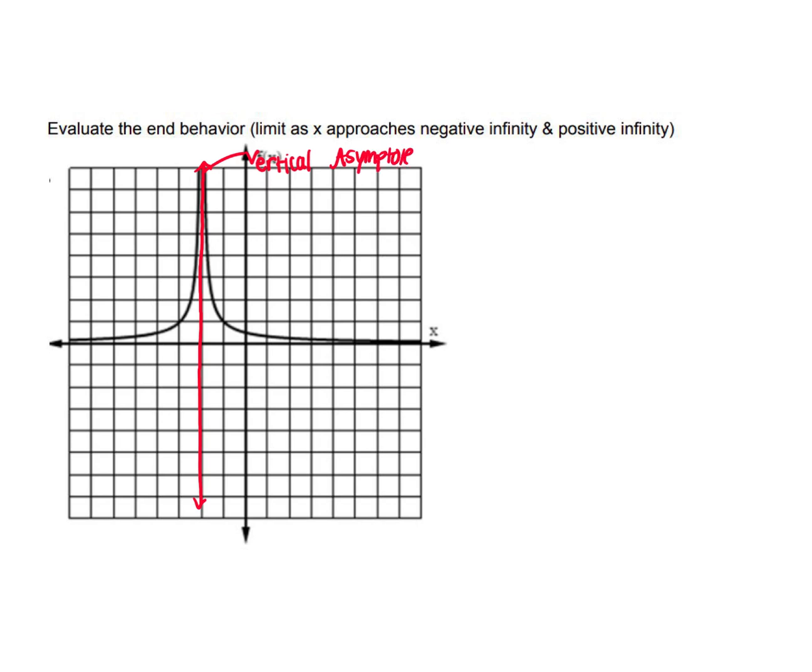And then we have a horizontal asymptote here, which is y equals 0. So our limit as x approaches infinity of f of x is 0. And our limit as x approaches negative infinity of f of x is 0.